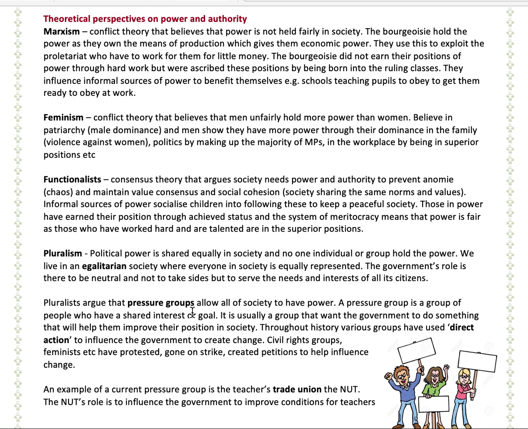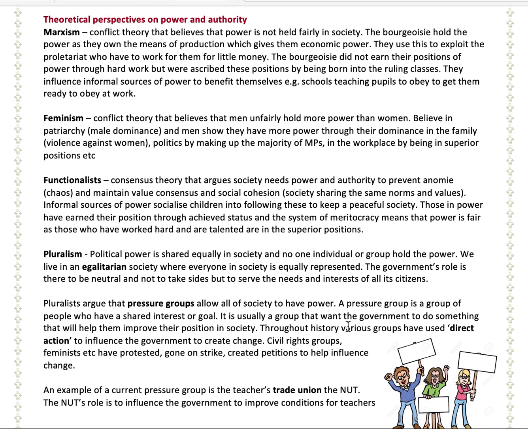Theoretical perspectives on power and authority. So Marxists and feminists argue that the power in our society is not distributed fairly. It's not shared out in a fair way. So Marxists argue that the bourgeoisie inherit their wealth, it's ascribed, they use kind of exploitative methods to maintain their power.